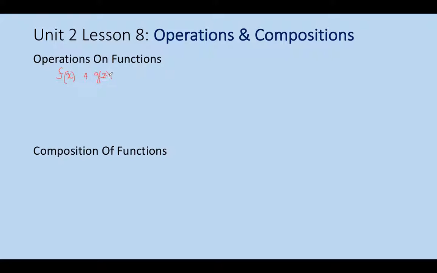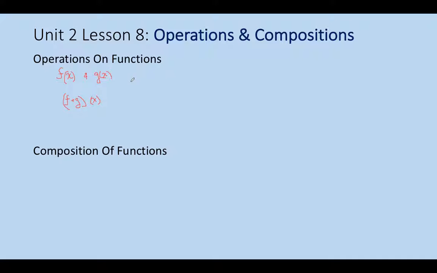If I want to operate on functions, that might be something like f plus g of x. Okay? And essentially, all this means is you're going to be taking just f of x and then adding it to g of x.